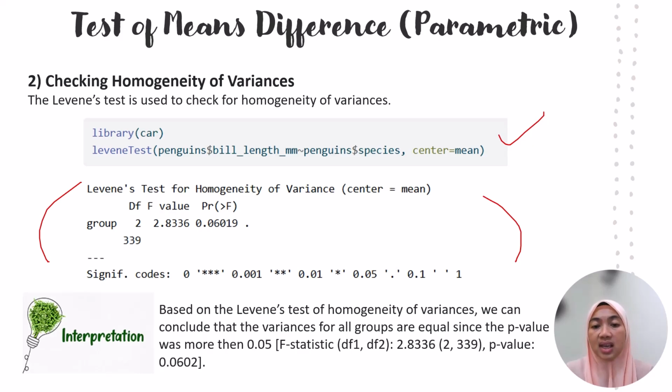We can see here that the p-value is 0.06019, the degrees of freedom are 2 and 339, and the F value is 2.8336. This means we can conclude that the variances of all groups are equal since the p-value is more than 0.05.